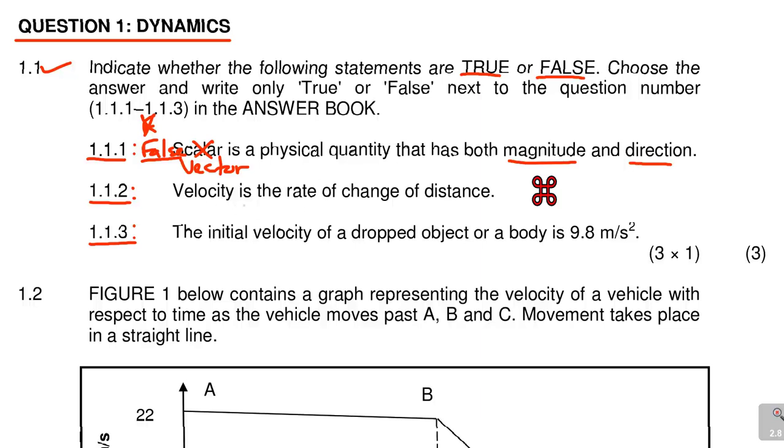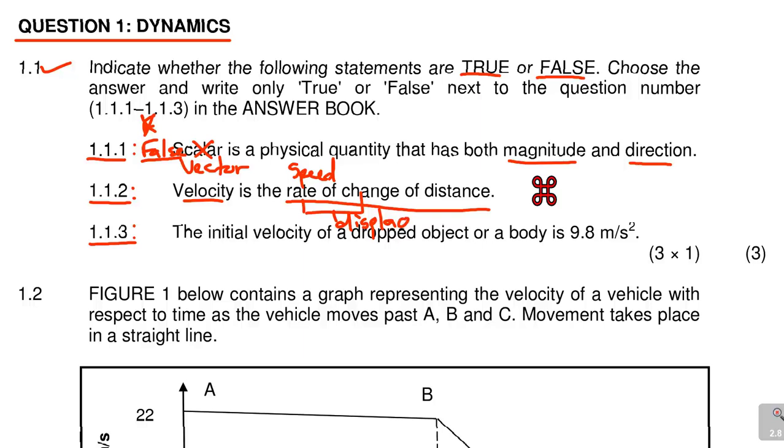Next one is: velocity is the rate of change of distance. Now this is not velocity, but this is speed. Speed is the rate of change of distance, but if it was velocity, you would say velocity is the rate of change of displacement.